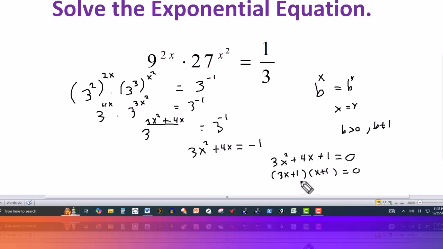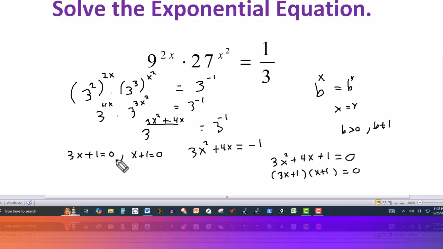If the product of two factors is 0, it means one or the other factor is 0, or they're both 0. So we simply take each factor and set it equal to 0. So 3x plus 1 could be 0, or x plus 1 could be 0. And then we just solve these for x.